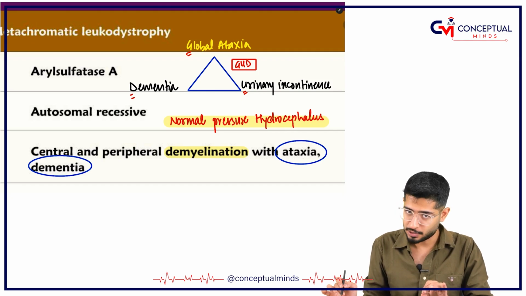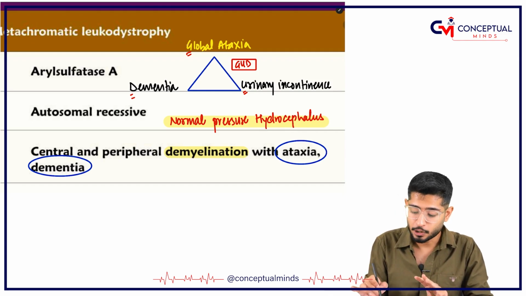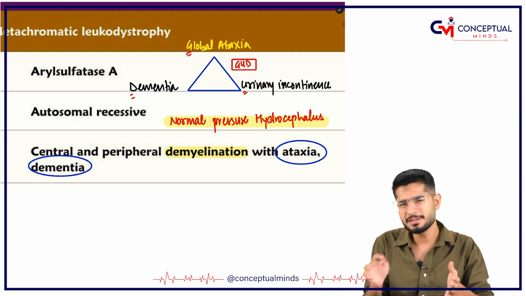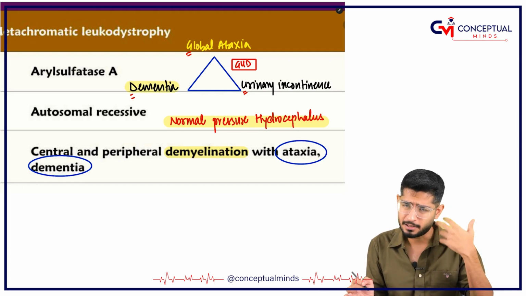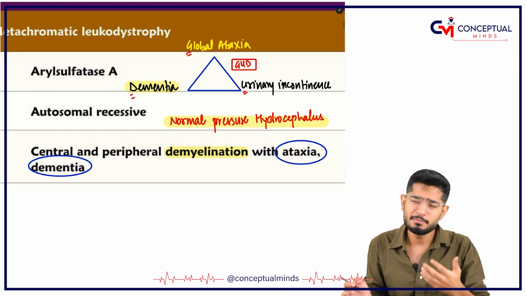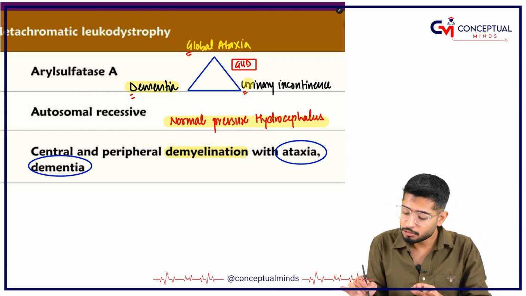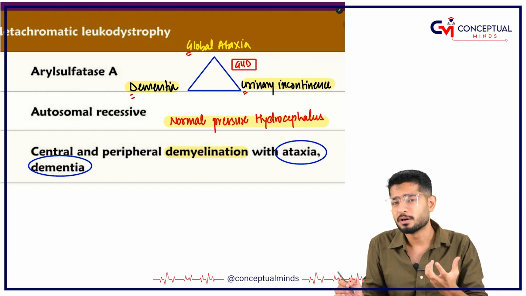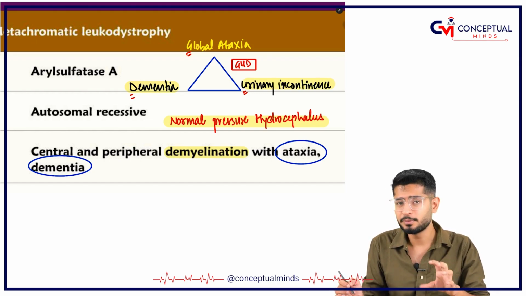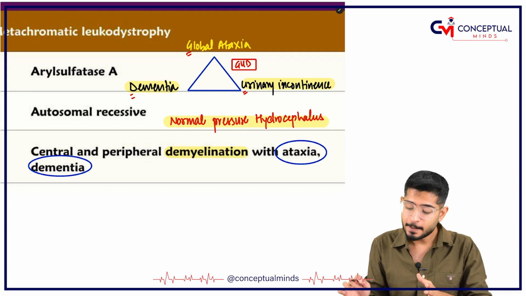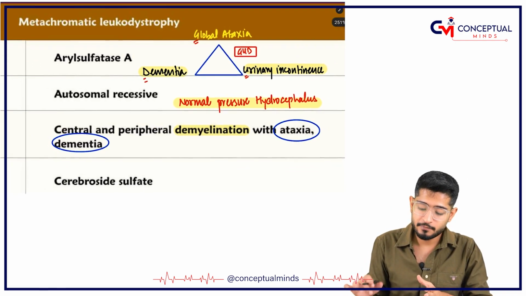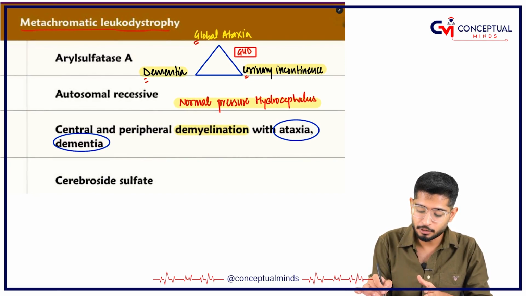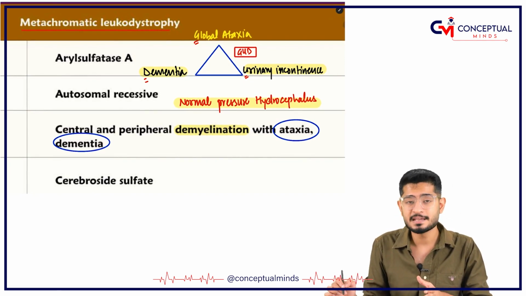So normal pressure hydrocephalus has three features: global ataxia, ataxia means imbalance; dementia, that means people are not able to recall things properly, memory loss; and urinary incontinence, that means the urination is not proper. Why have I told you all these three things? Because the features of metachromatic leukodystrophy are very similar.